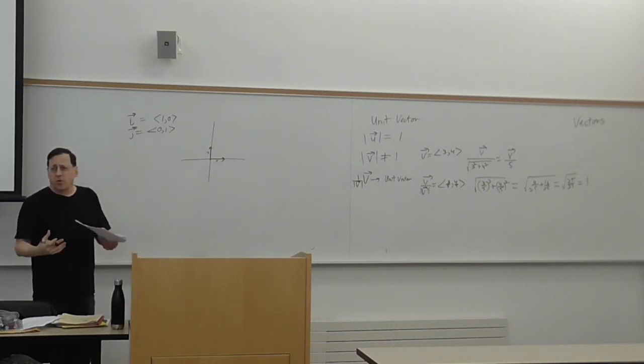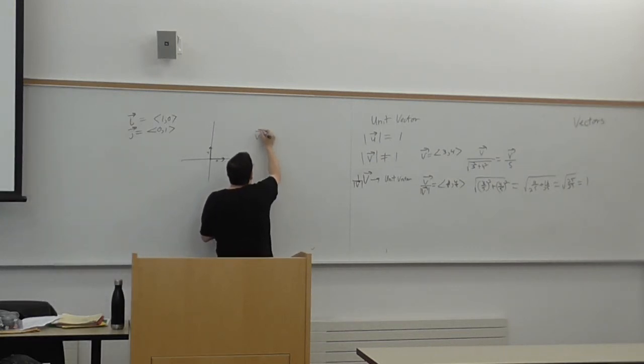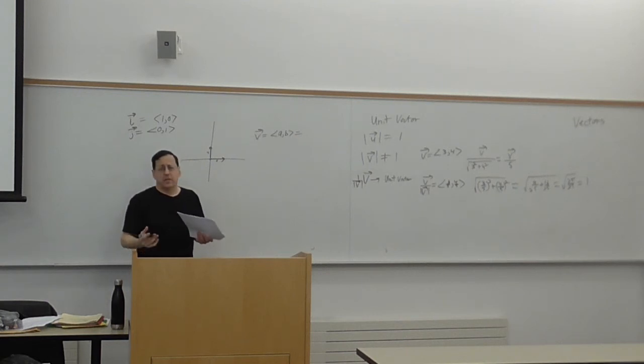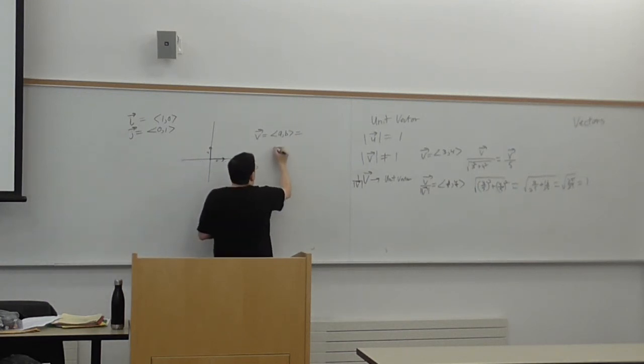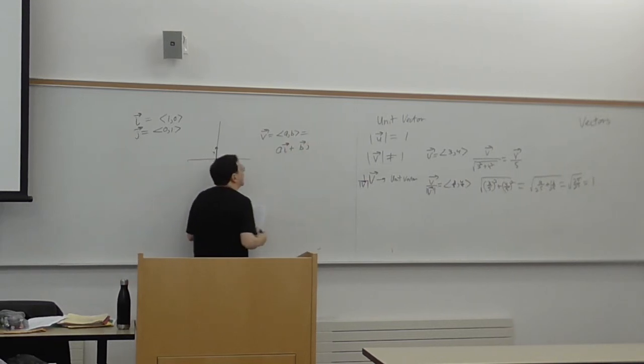All right, why are these so important? Well, you have some vector in component form. You can represent that as the scalar a times i plus the scalar b times j.